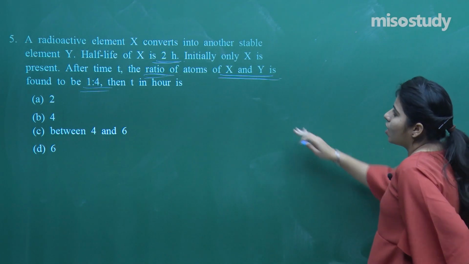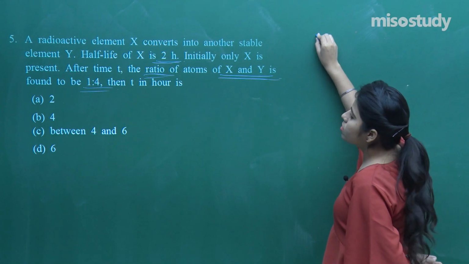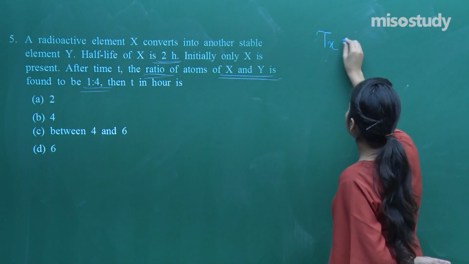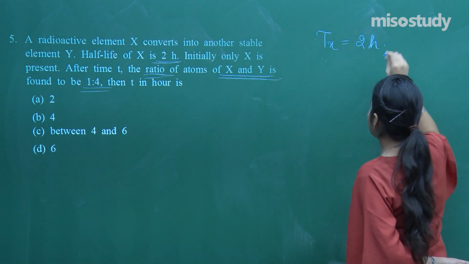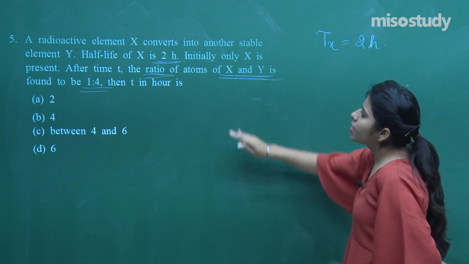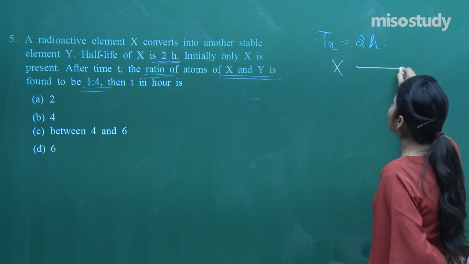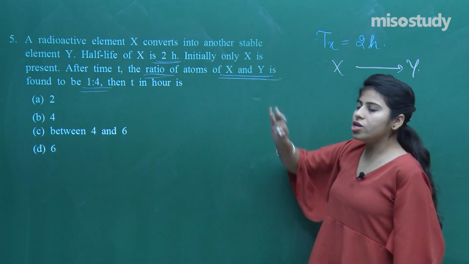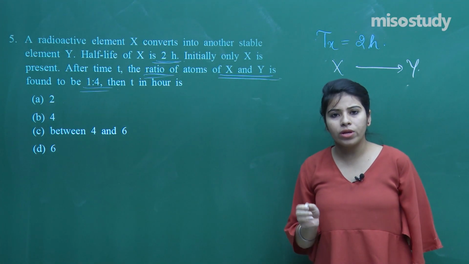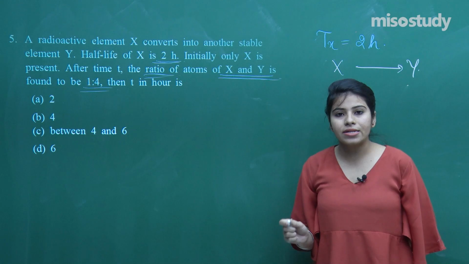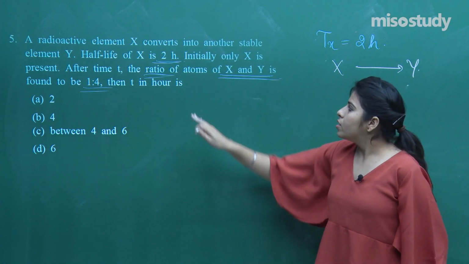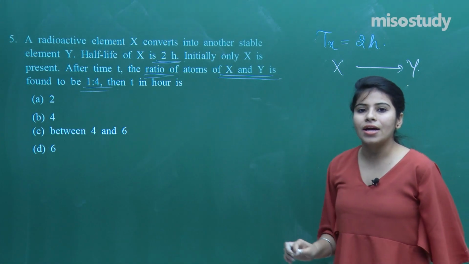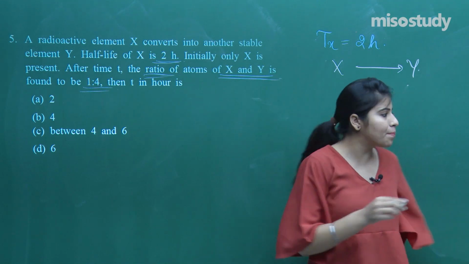As we know, we have been given the half-life of X, T of X is 2 hours. And we have been given that X is being converted into Y. Initially only X is present, definitely only X will be there. After time t it is going to decay into Y. So let's see what happens after one half-life.